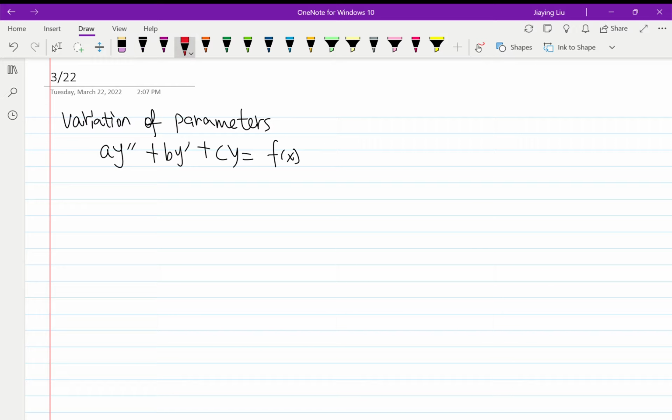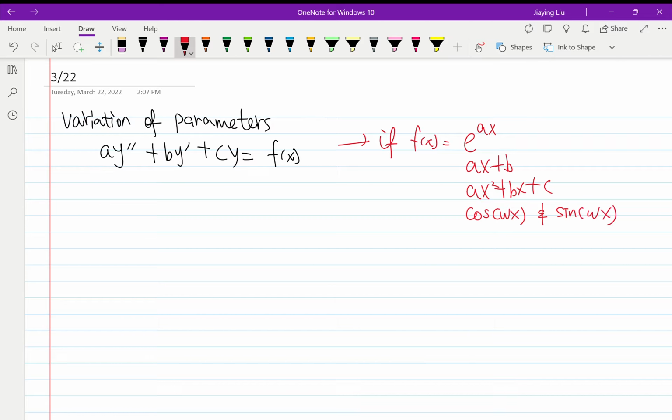If you remember, if f of x is something like e to the ax, or a linear function ax plus b, or ax squared plus bx plus c, or even higher power polynomial functions, or if we have cosine omega x and sine omega x, if f of x is any of those, we could try to use undetermined coefficients.